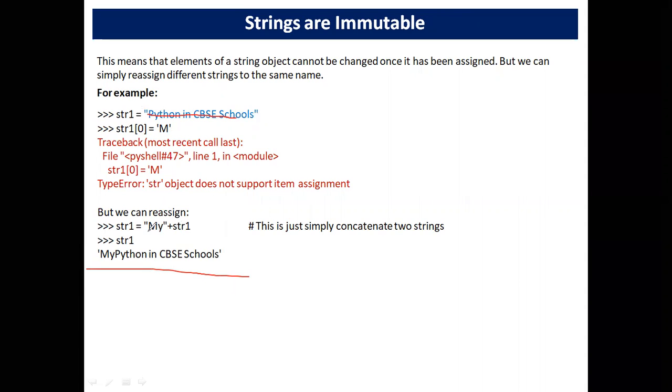Now we have added "my" to str1. We have not changed that particular string; instead of pointing to this, the variable is now pointing towards "my Python and CBSE schools". So, strings are immutable, but variables are mutable.